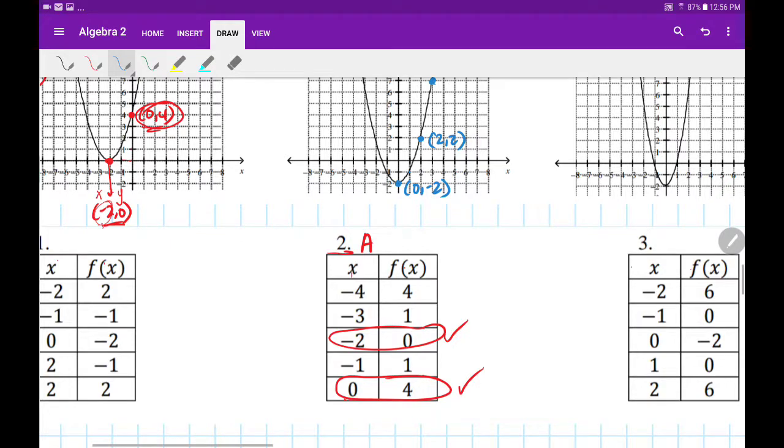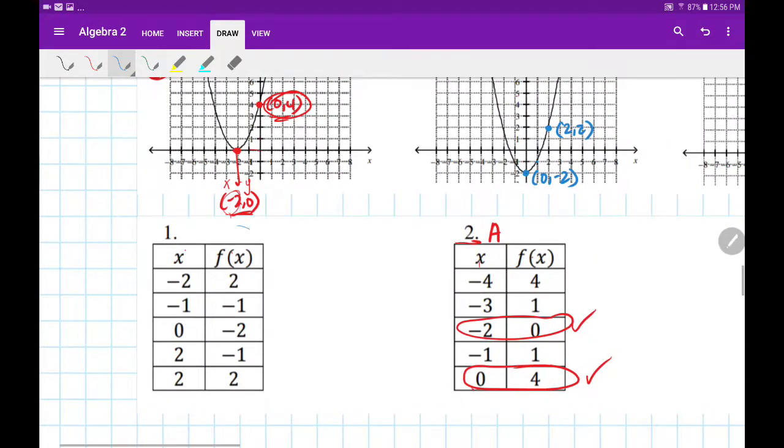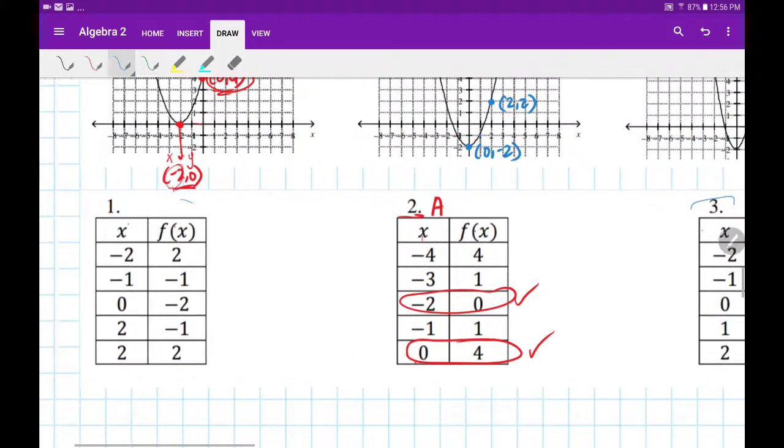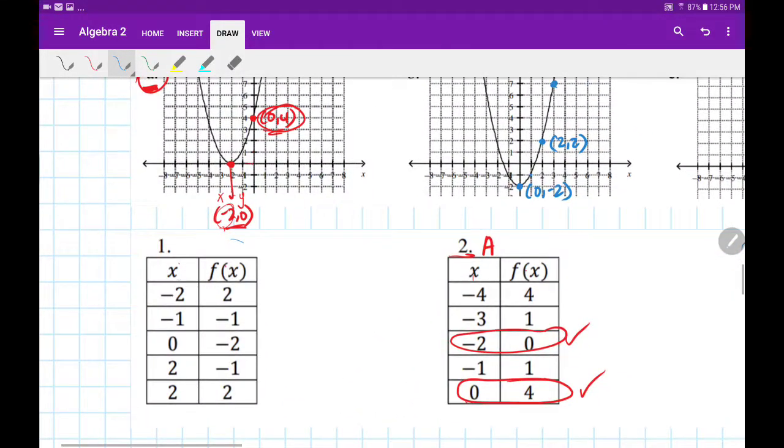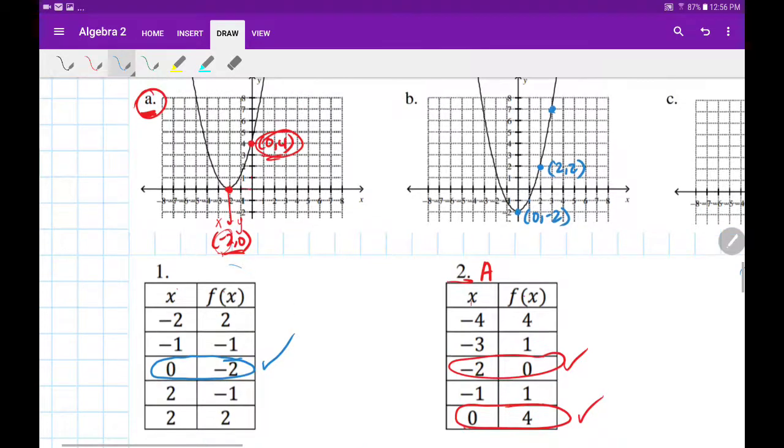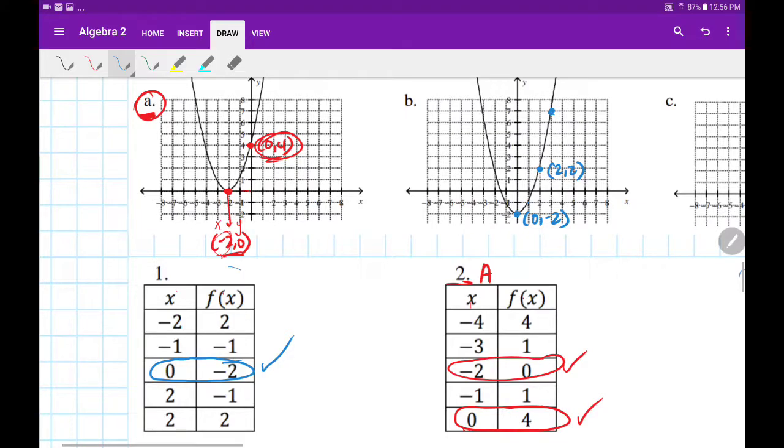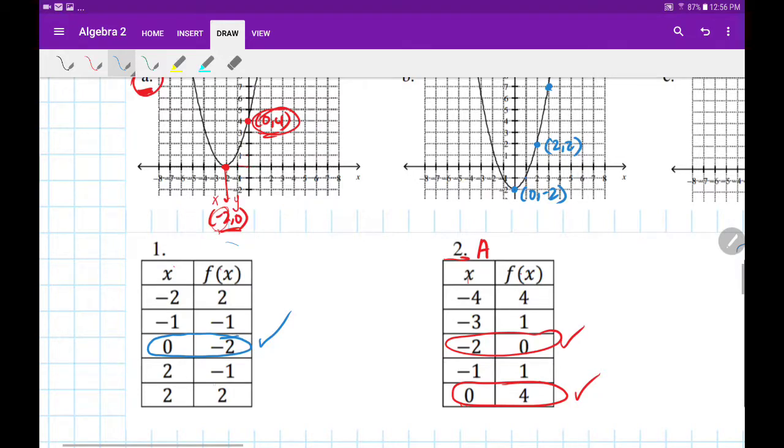Now that I've got my (0, -2) and my (2, 2), I'm going to compare with this table of values, and then we'll look over here at this table. So let's see, (0, -2). Ooh, I found it. That works. It checks out. Let's just try the other one to be extra careful. (2, 2). It works.